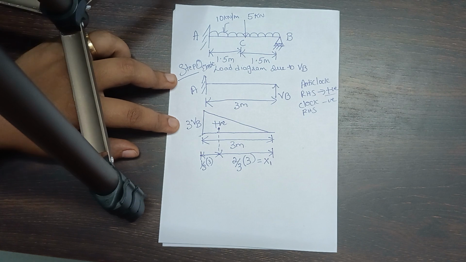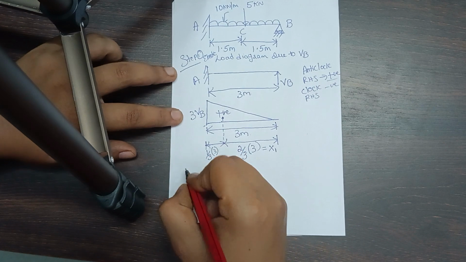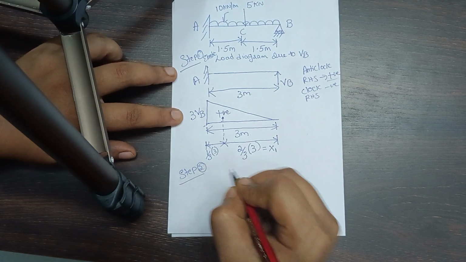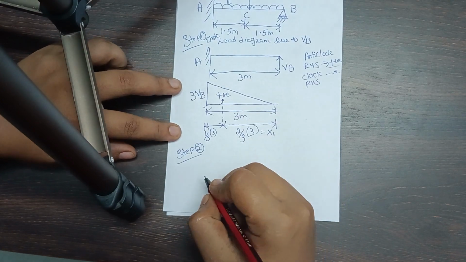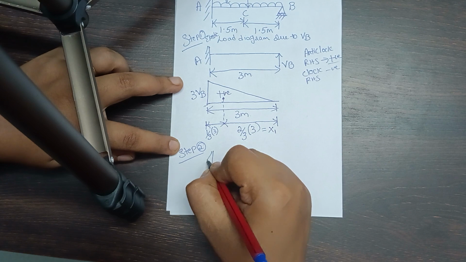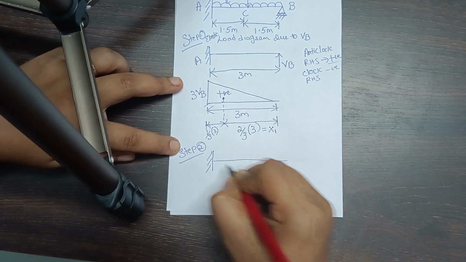Instead of considering both at a time, which will lead to confusion, I just consider them one by one. First I consider the UDL throughout.